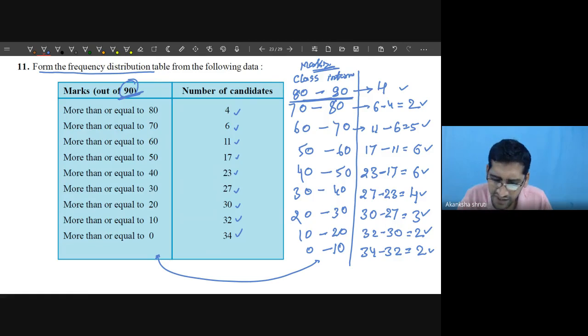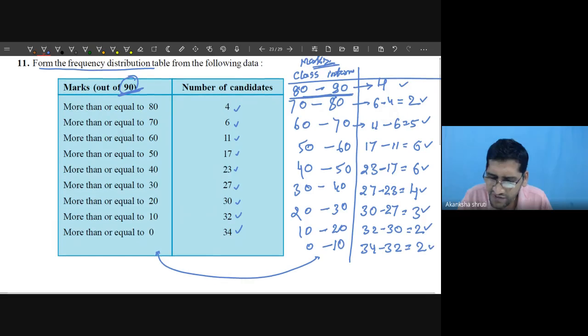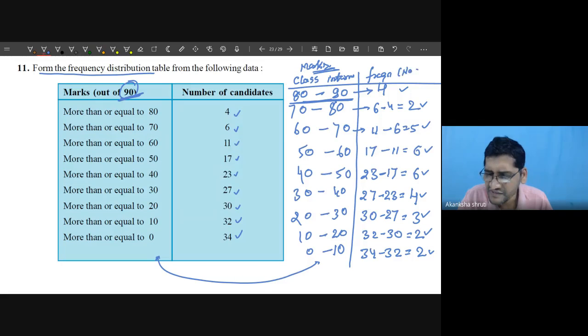So this is our frequency or number of candidates. So this table is corresponding to the class interval. The frequencies are written. Whatever these differences we have written, that you can also write, or you may write it directly, whatever I have written after it.